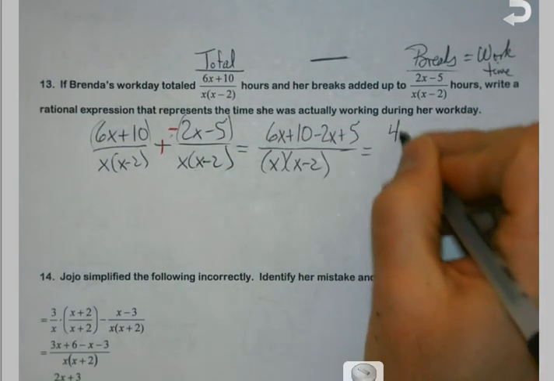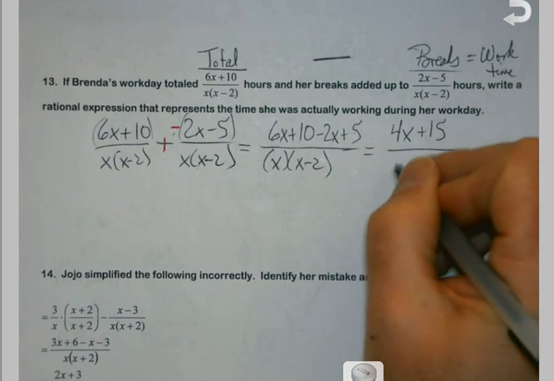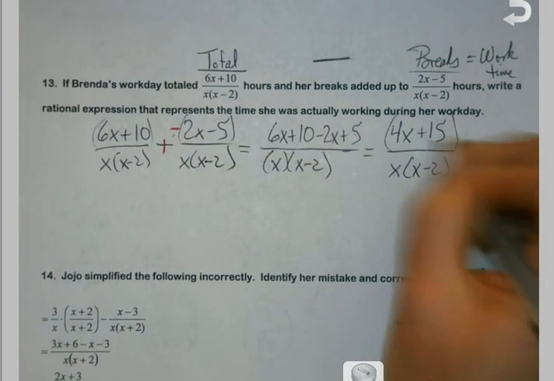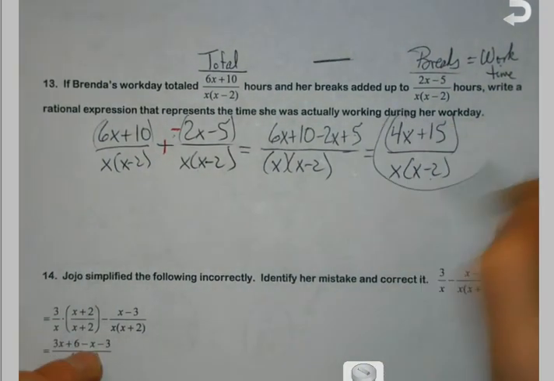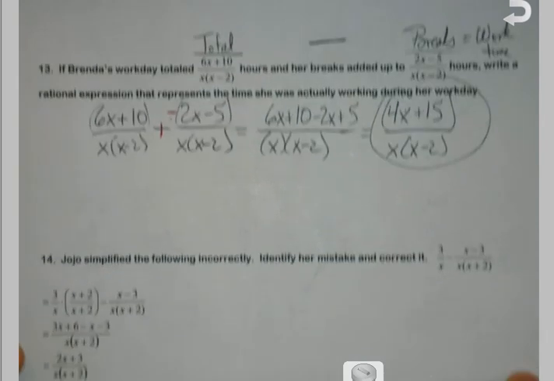Combine like terms. My parentheses aren't the same. That's as far as I'm going to be able to go. So again, nothing terrible. Just making you think a little.